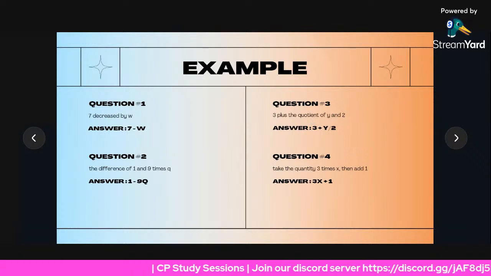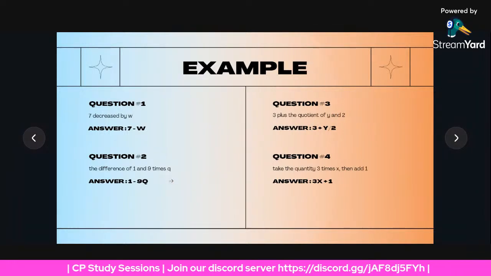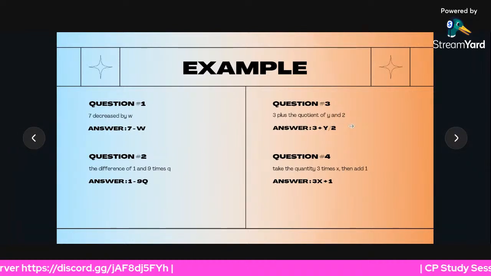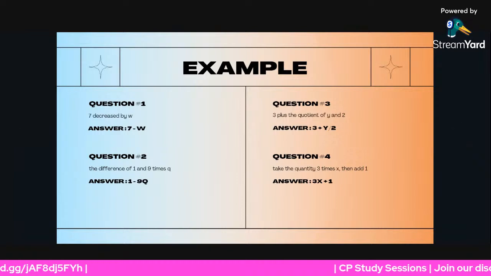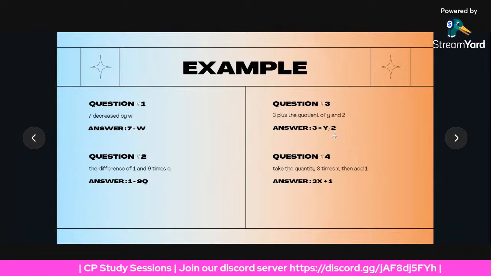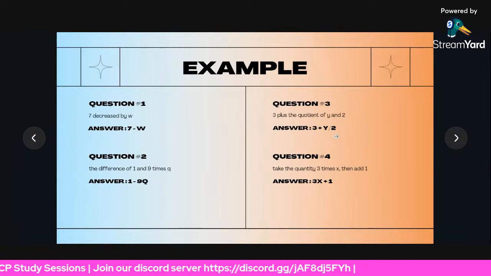So, katulad ng sa question 2, ang inuna muna natin is yung division, which is usually paired sa multiplication kapag nag-solve tayo using PEMDAS. So, y over 2 ang kinalabasan ng quotient of y and 2.